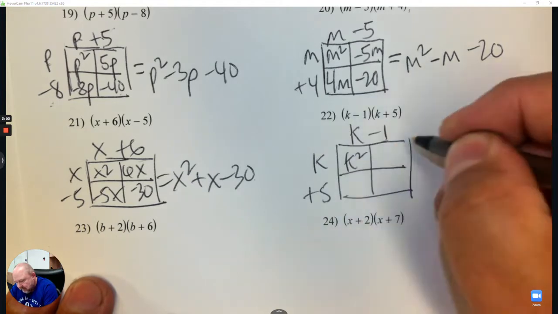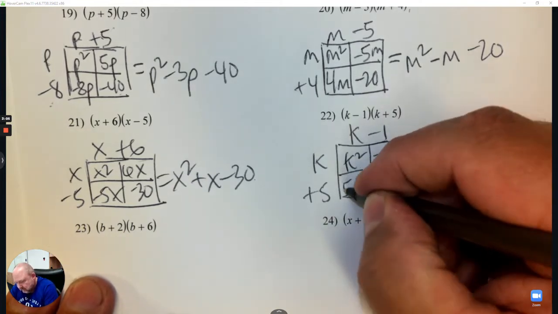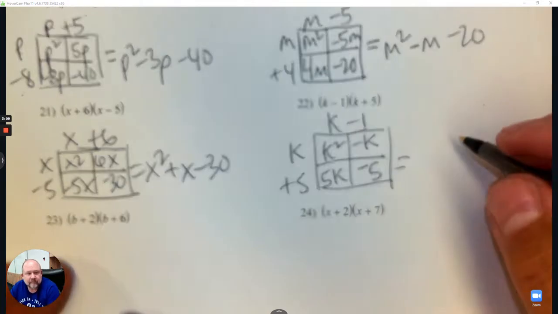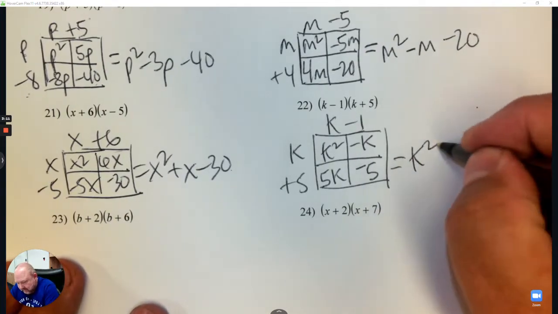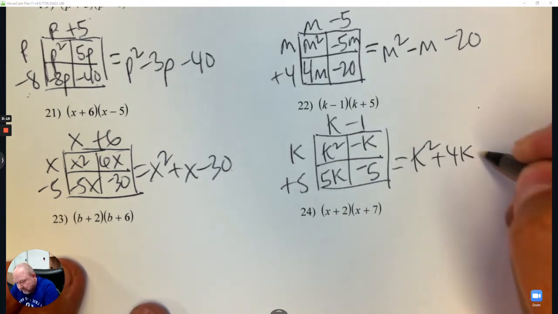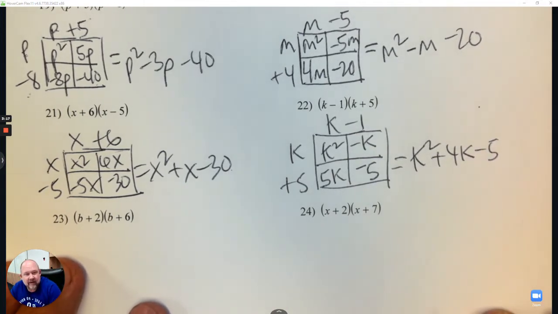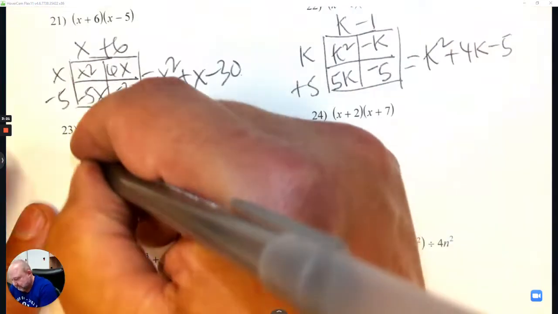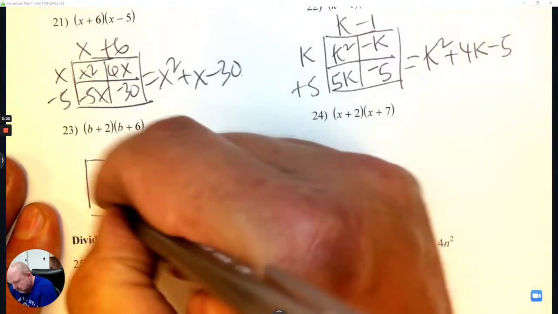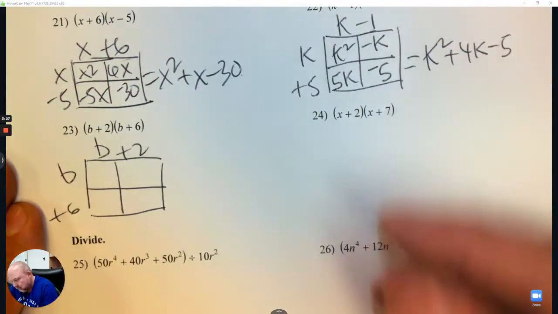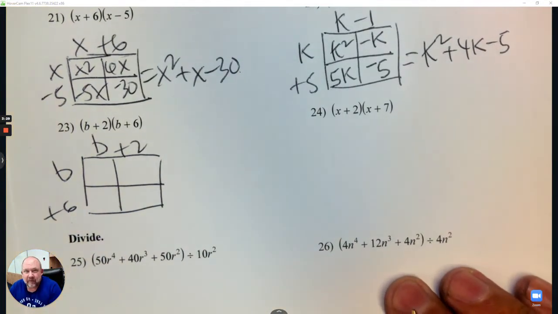So multiply. And then match up. So we have k squared, 5 take away 1, and then negative 5. All right, set it up. You multiply.